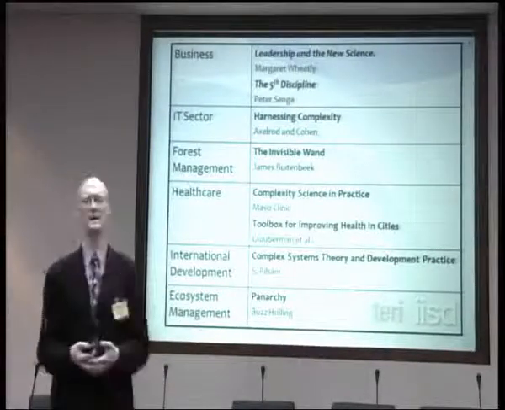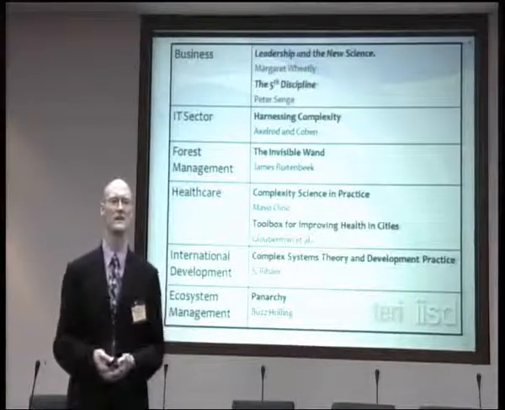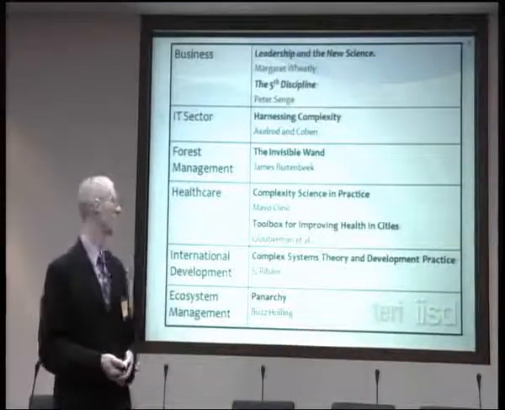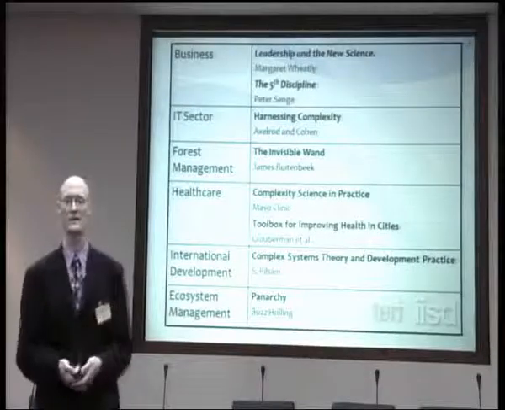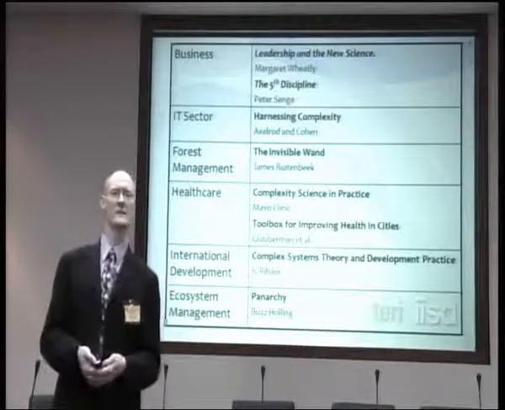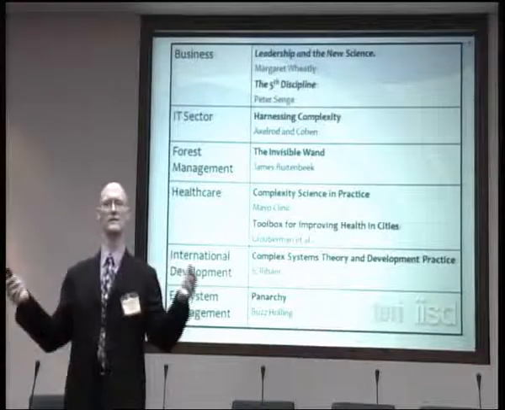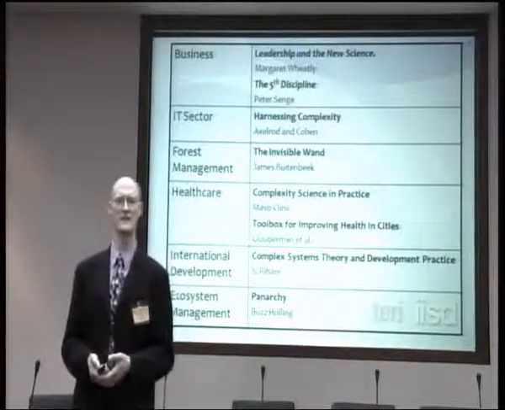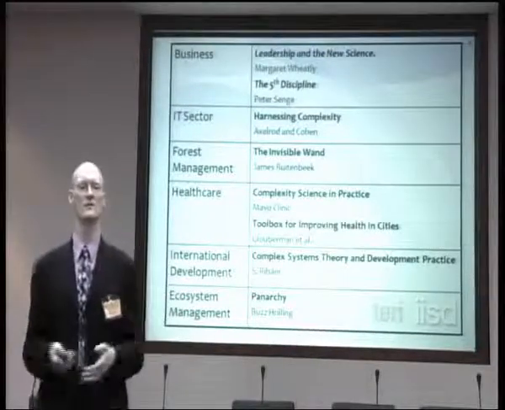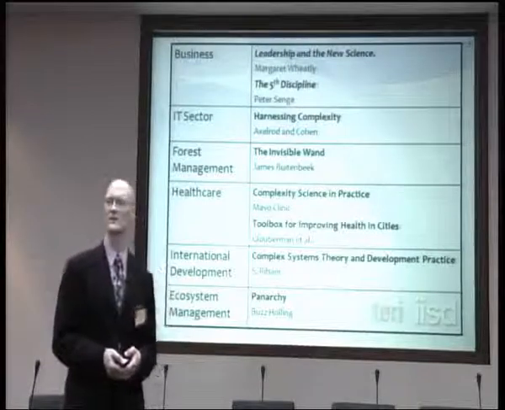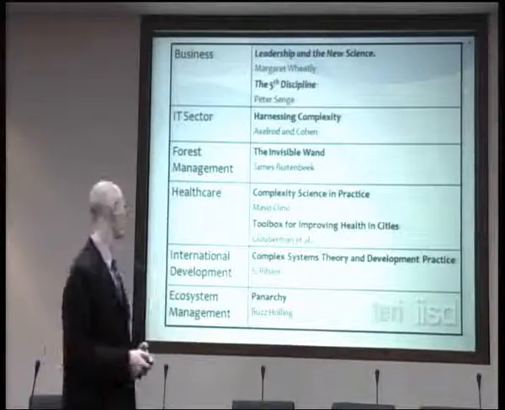We have forest management sectors that are dealing with similar aspects of understanding complex systems. Healthcare, particularly in the United States, is really looking at trying to see health in cities and urban centers as complex systems, and what are the levers of change that we can learn from seeing that in a different light.